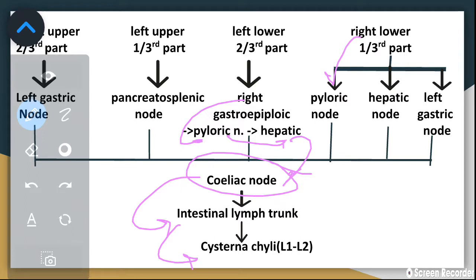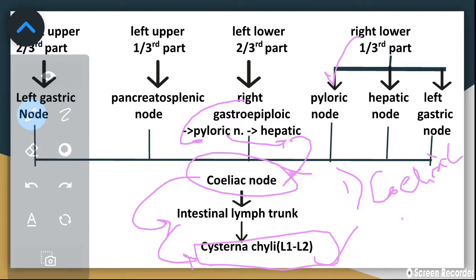Here we have to remember a level: the level of the cisterna chyli. It is present at the level of L1 and L2. In a previous video we talked about the levels of two structures: the celiac trunk and the portal vein.